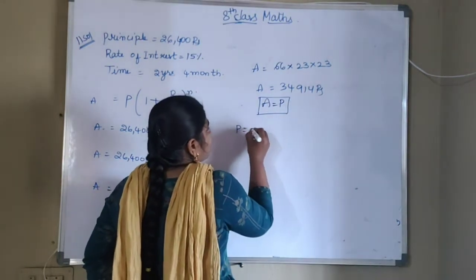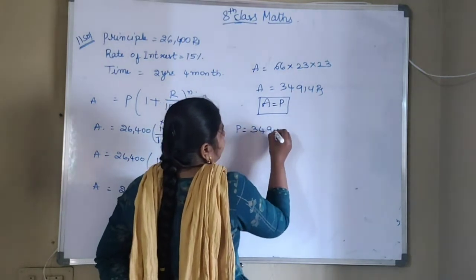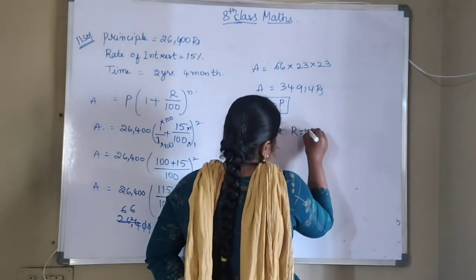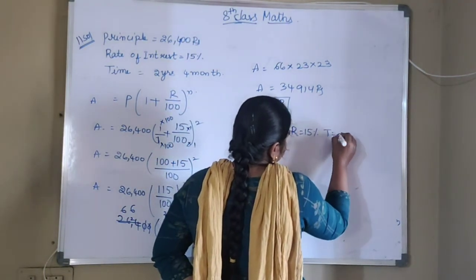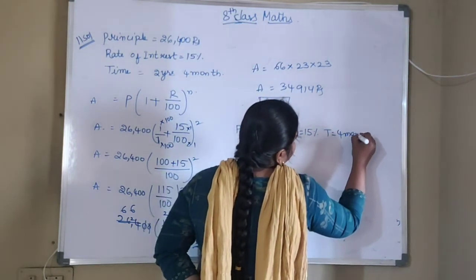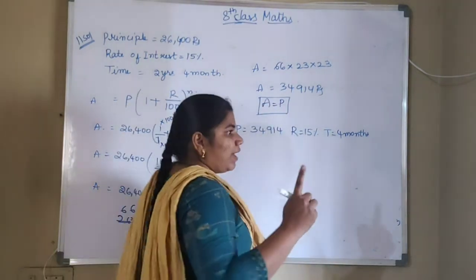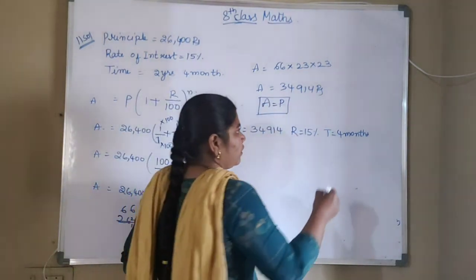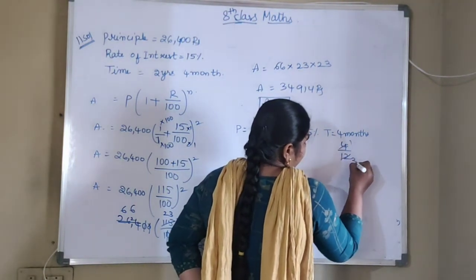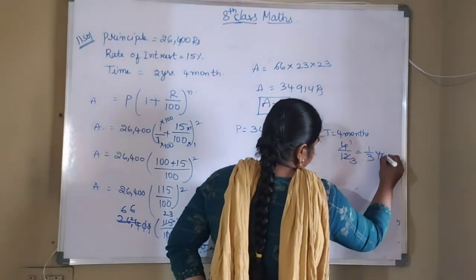So what is the principal? 34,914, and the rate of interest is the same, that is 15%, and the time, we are finding for 4 months now. So in 1 year 12 months will be there. So we have to divide this 4 by 12 now. So that will be 1/3 year.